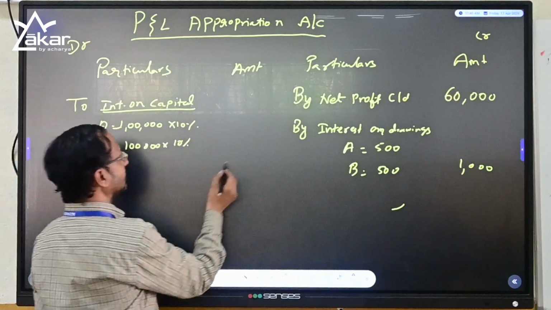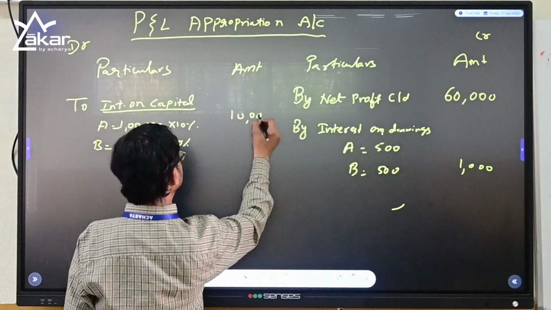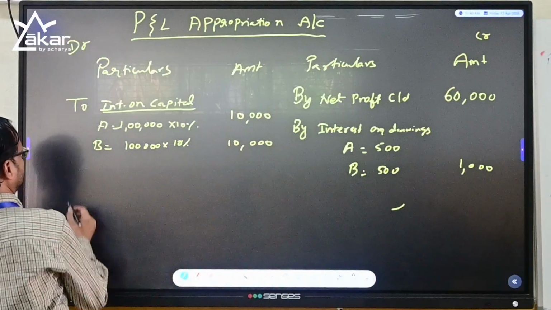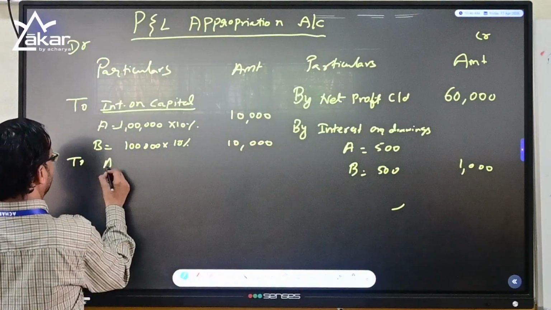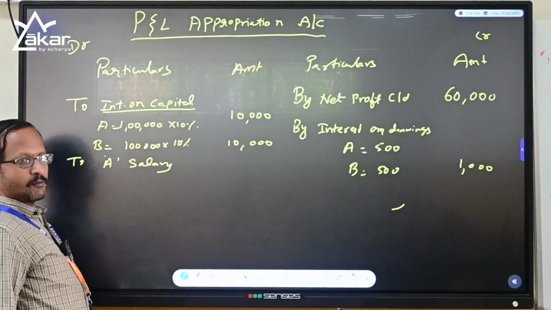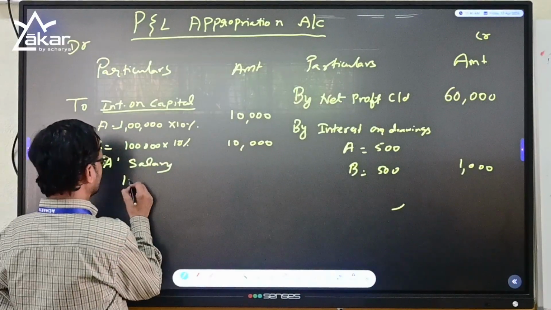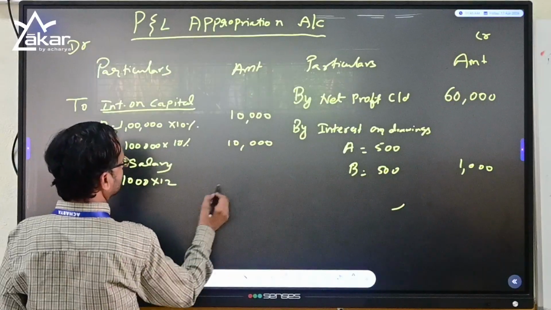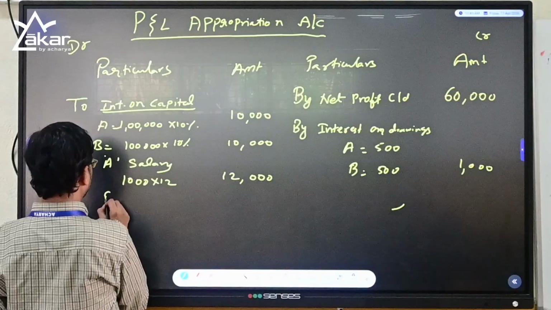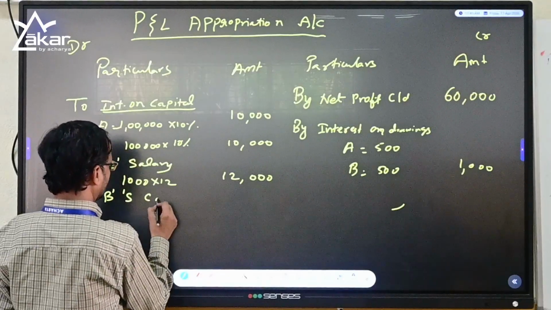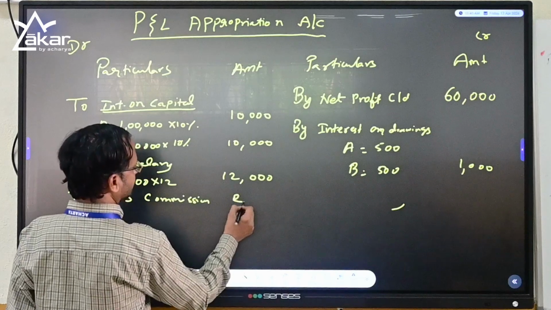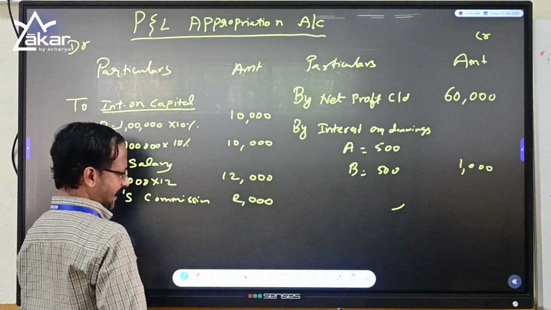So it will be 10,000 and 10,000, equally between A and B. Then A's salary: they have mentioned 1,000 per month, so 1,000 rupees into 12 months comes to 12,000. And B's commission, they have mentioned, is just 2,000 per annum.